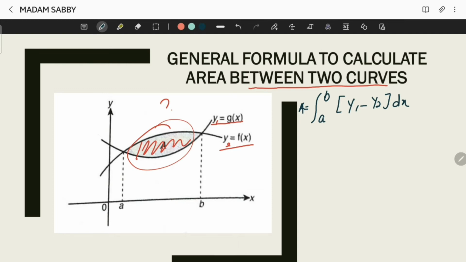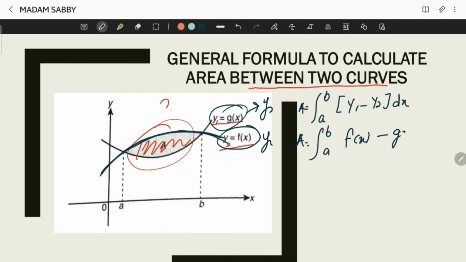Look at which equation is facing upwards, the bigger one. So this one should be your y1, and this one should be your y2. So A equals the integral from a to b of f(x) minus g(x) dx.